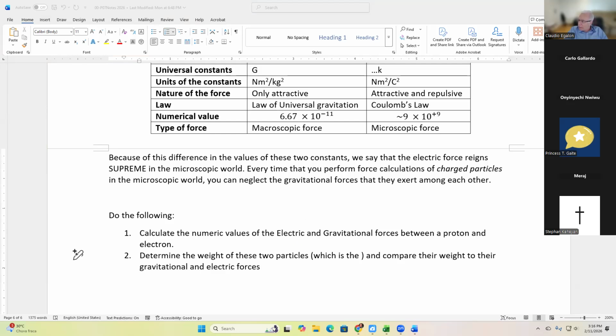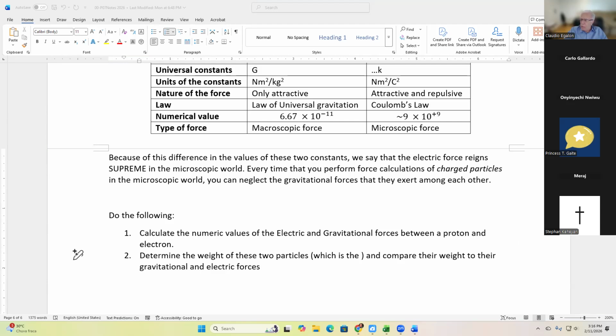Now Jeremy also asked, would they just cancel each other? What do you mean they would just cancel each other? Are you talking about the forces canceling each other, or the charges?